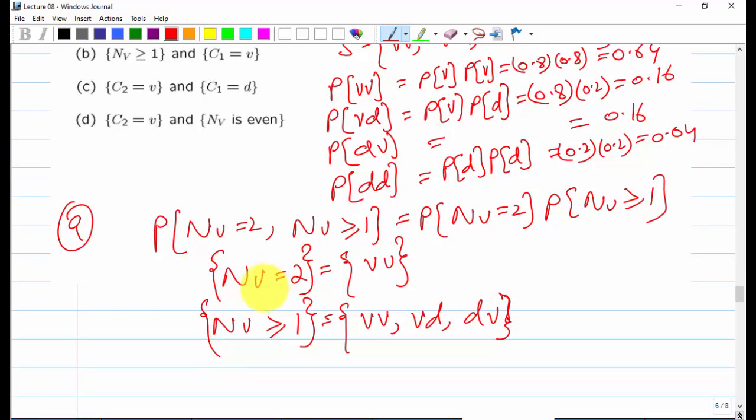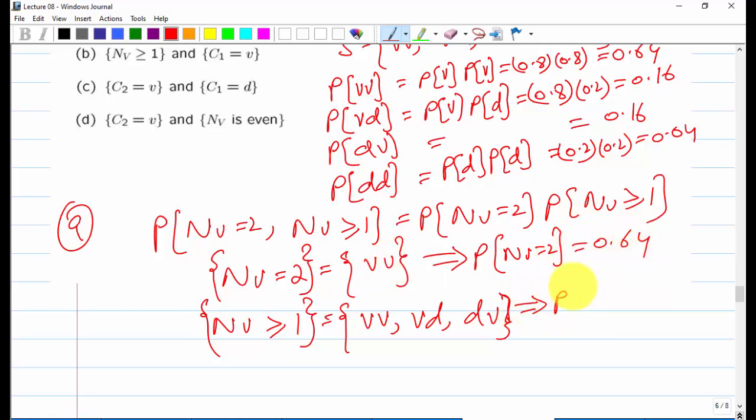Obviously, in the intersection, if one event is a subset of the other event, we will use the probability of the simple event. So from here we can find the probability of NV equal to 2, which is 0.64.